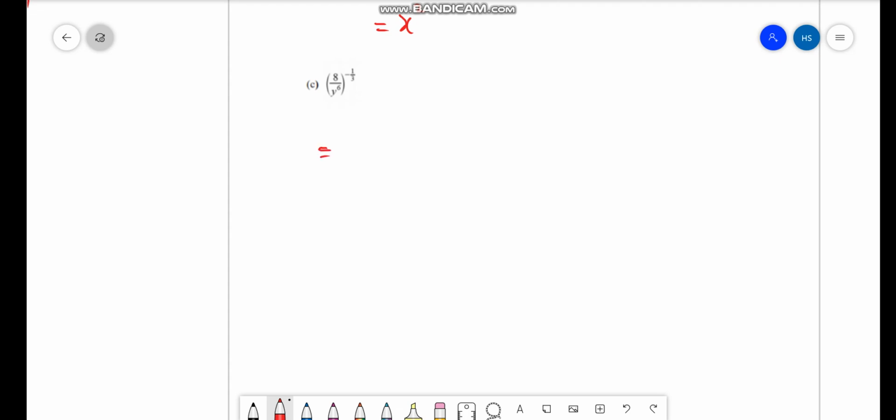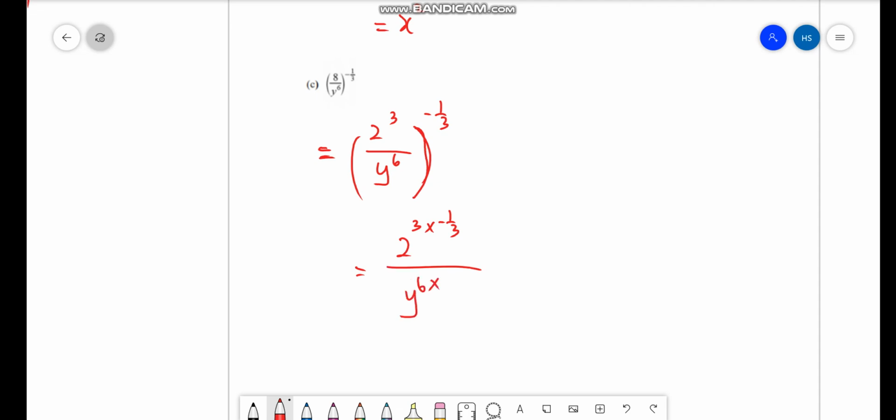Then question C. The number 8, we can simplify that to become 2 power 3. So I have 2 power 3, and then y power 6, bracket, and negative 1 over 3. Here, using the rule for indices again, bracket means multiply. So what I have is 2, 3 times negative 1 over 3, and then over y, 6 times negative 1 over 3.